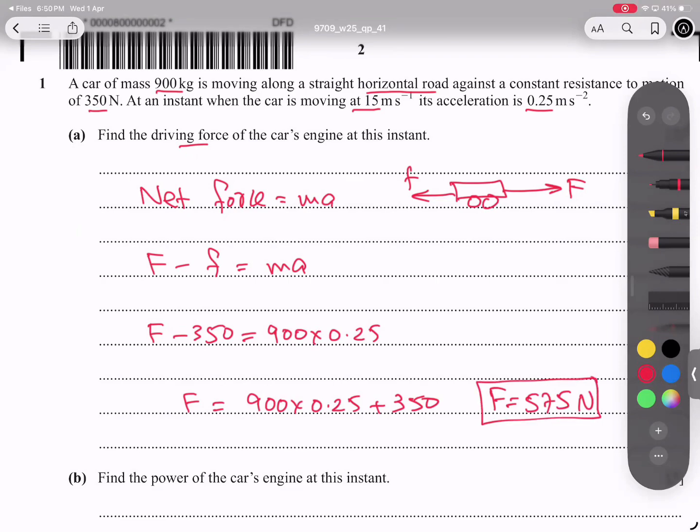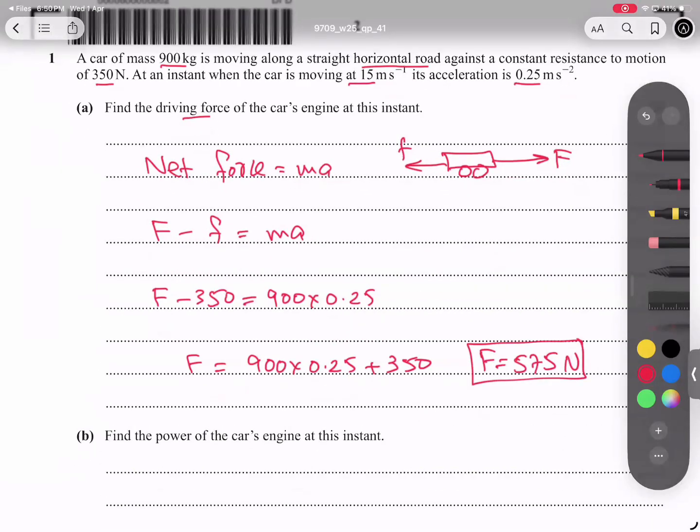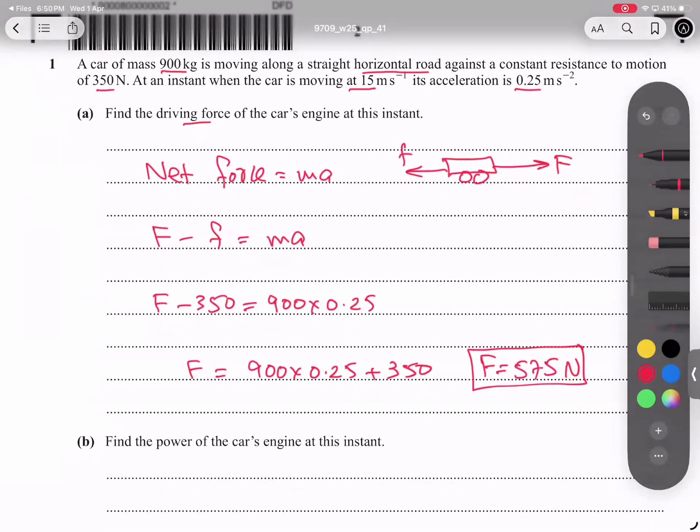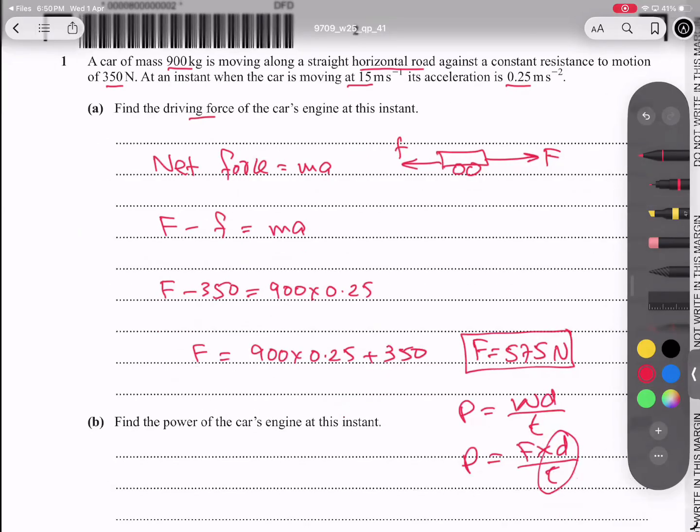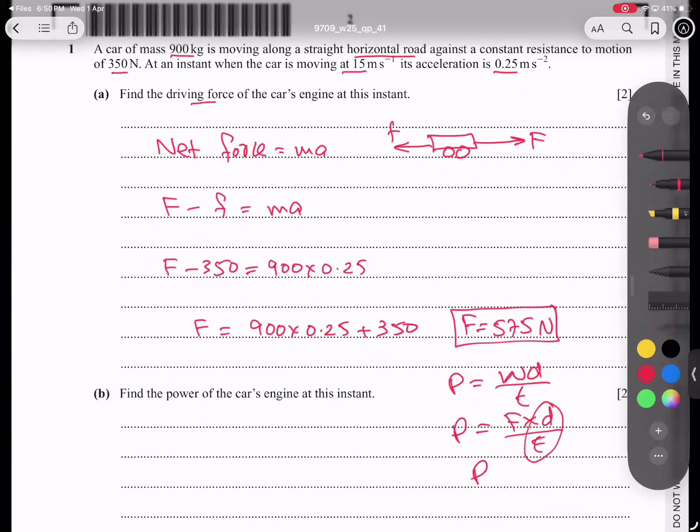Alhamdulillah. The second part is power. What is the power formula? Basically, power is work done over time. But if we convert work done into force times distance over time, and distance over time is V, then power is F into V. So I'm using this formula. Power equals F, which is 575, times 15.